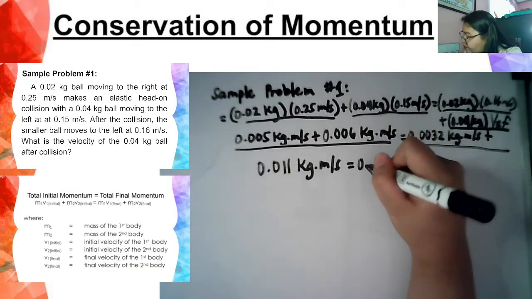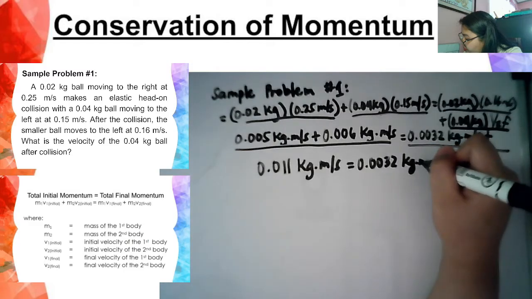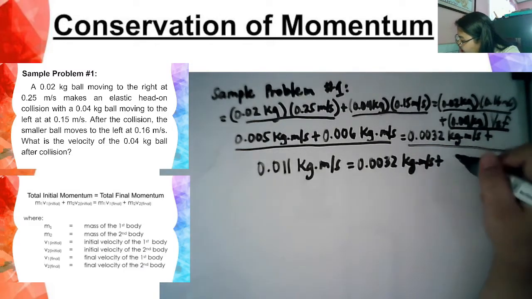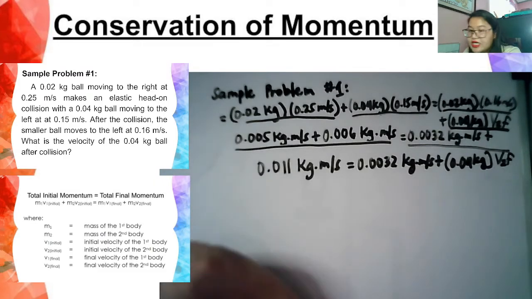So, you have your 0.0032 kilogram meter per second plus 0.04 kilogram times the final velocity of the second object or V2 final. Okay na tayo dito.